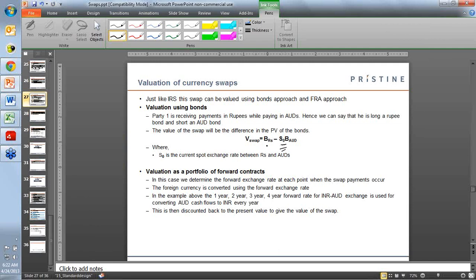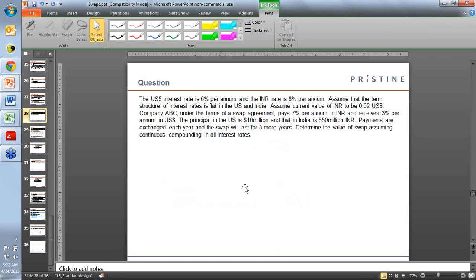So what we do here is we value the present value of the payments in one currency, and we subtract it from the present value of payments in the other currency, and before subtracting, we'll multiply it by the exchange rate to convert it into the same currency. So this is pretty straightforward. I think we can look at a question on this to help understand the concept.